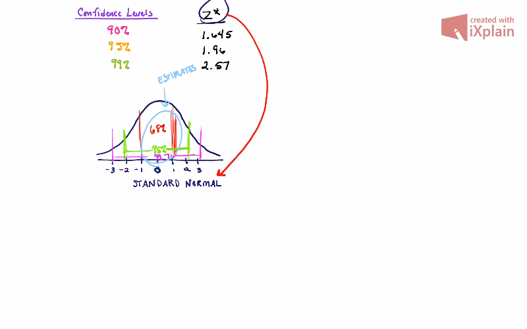So now that we're starting to construct confidence intervals, we want to be as specific and as accurate as possible. So we need to step away from these estimates, and we actually need to work with the actual values here.